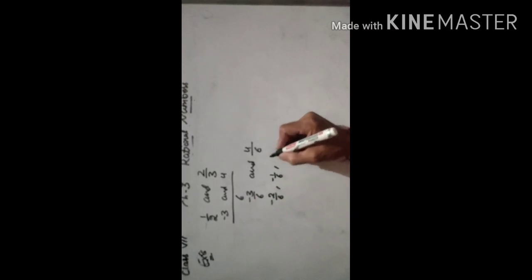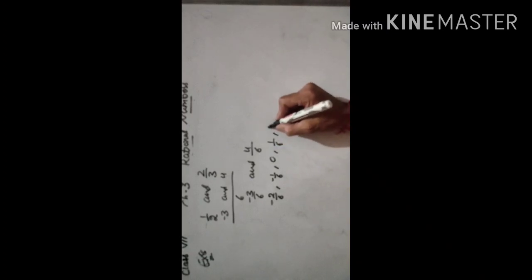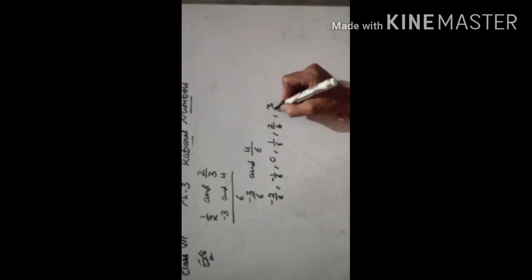Now we have to insert 6 rational numbers: minus 2 by 6, minus 1 by 6, 0, 1 by 6, 2 by 6, 3 by 6. 1, 2, 3, 4, 5, 6: 6 rational numbers between minus 1 by 2 and 2 by 3.